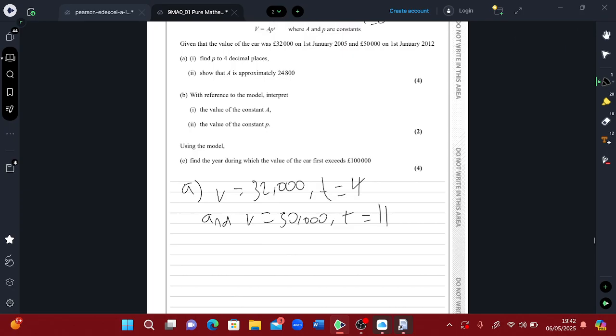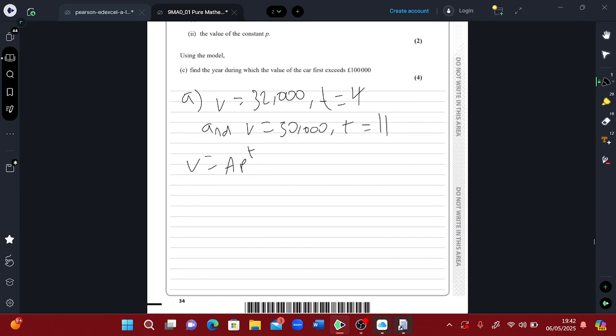So we are given V is A P to the T. And so substitute it in. I'll call this 1 and 2. Sub 1 in.